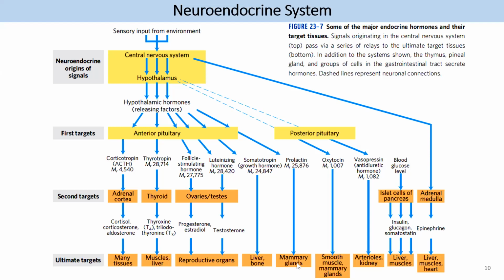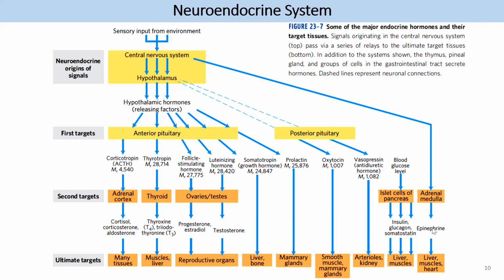You can see most of them are listed over here, and this is something we're going to see in a little more detail. Similarly, the blood glucose level is controlled by the pancreas, which has an interplay of other hormones that we have learned about before: insulin, glucagon, and somatostatin.